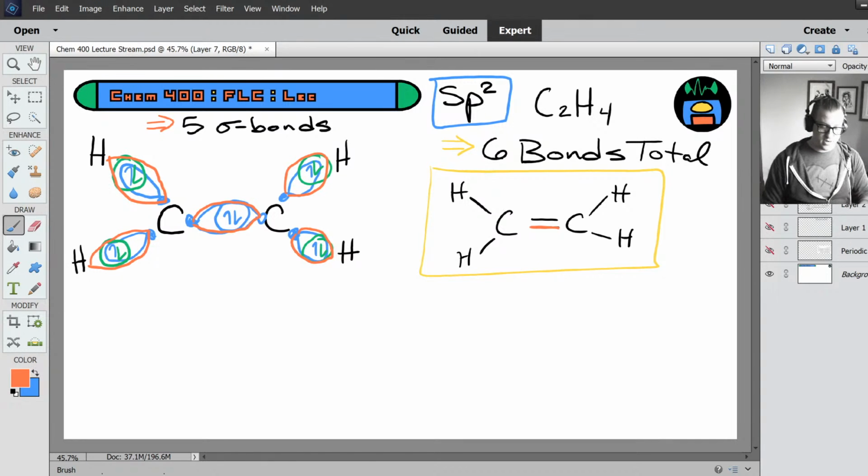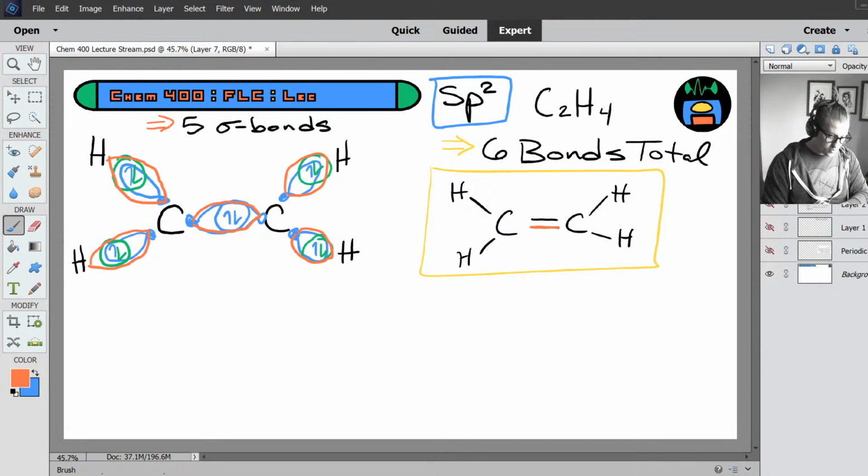To answer that, it's going to be easier to show what happens if we rotate the two-dimensional Lewis structure that I have drawn right here. Right now it's flat, so I'm going to rotate it 90 degrees so that the carbon-hydrogen bonds are coming out of the board at you and then into the board away from you.